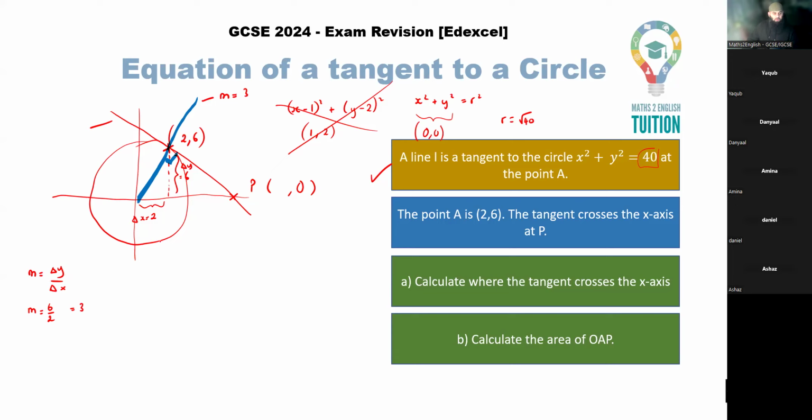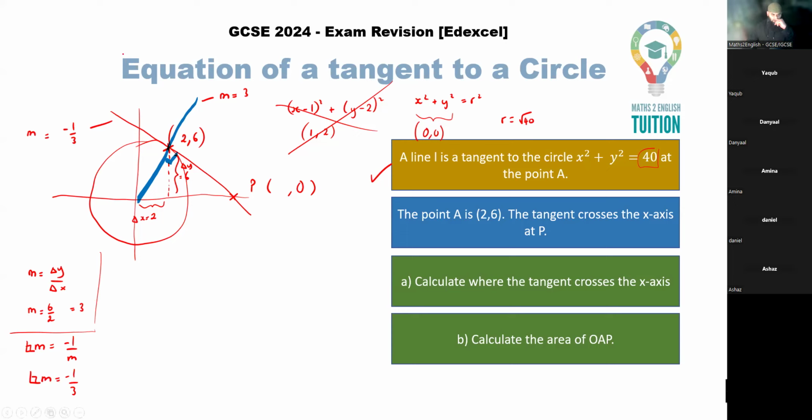The perpendicular gradient is -1 over m, and your m is going to be 3. So the perpendicular gradient is equal to -1 over 3. That's the gradient of this red line over here.